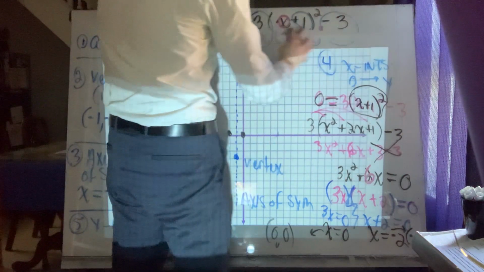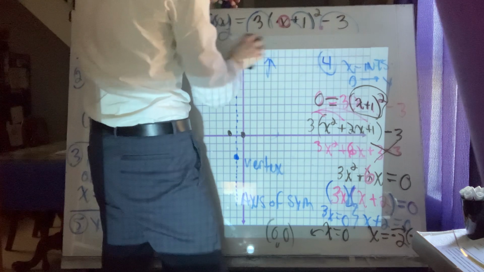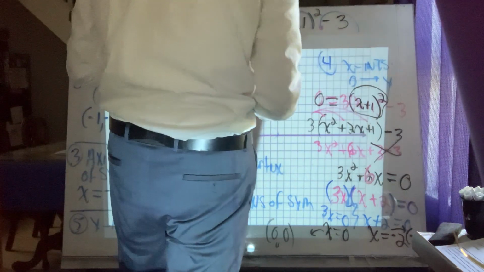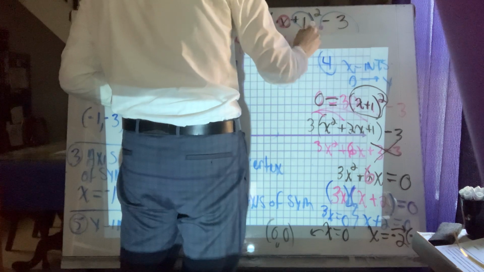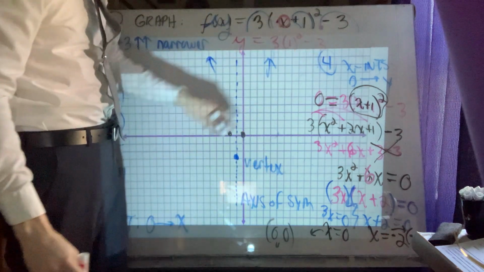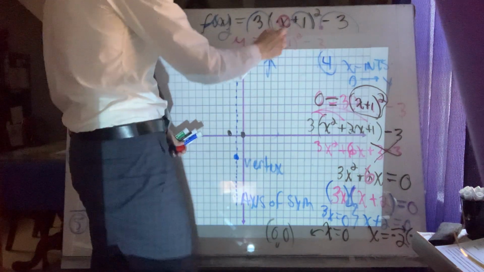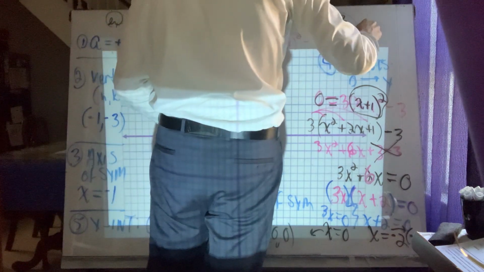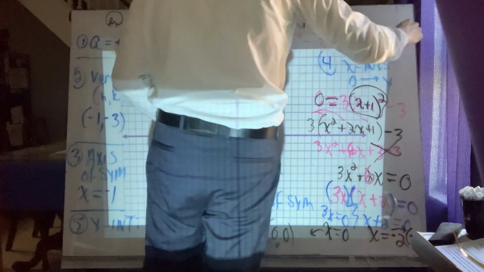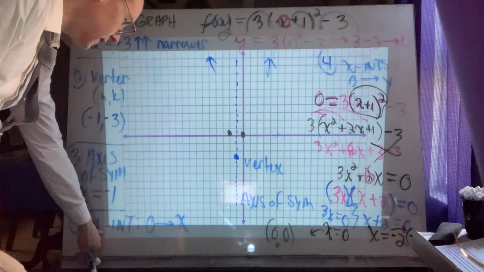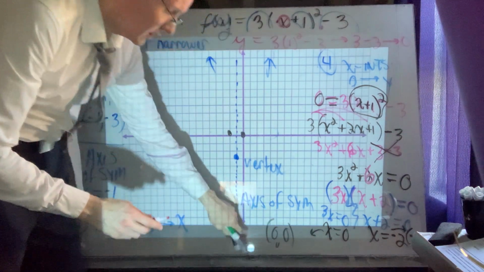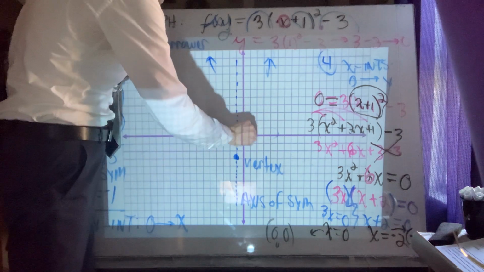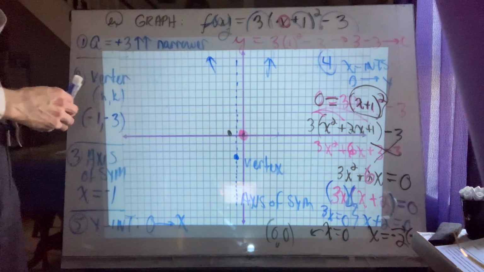Just for the sake of space, I'll write it here. Y would be equal to 3 times 1 squared minus 3. 1 squared is 1, 3 times 1 is 3, this would be 3 minus 3 again, which is 0. The Y-intercept in this particular problem is the same as the X-intercept, so they would be in the same location.